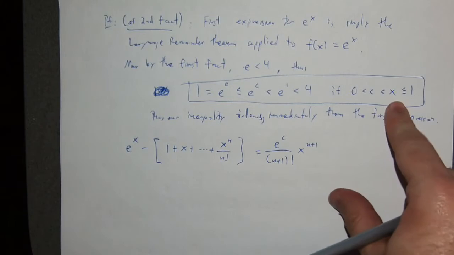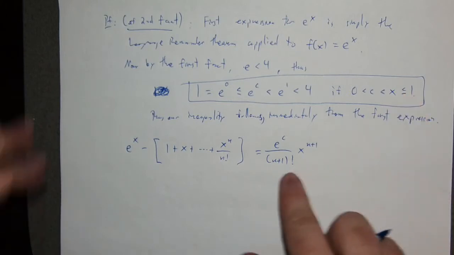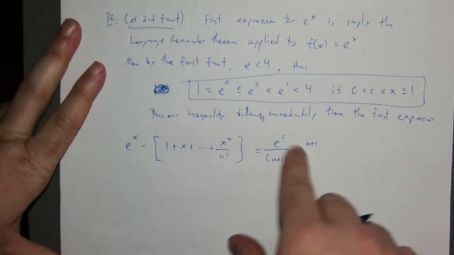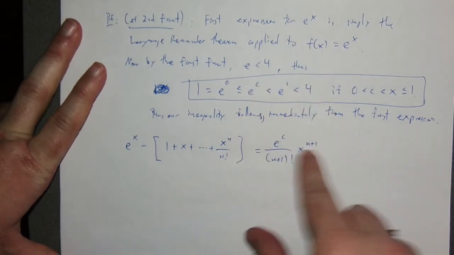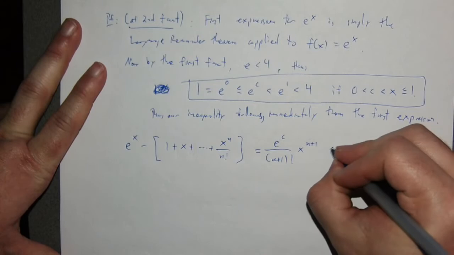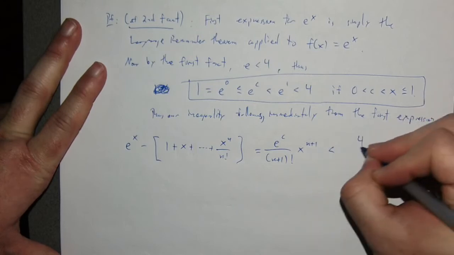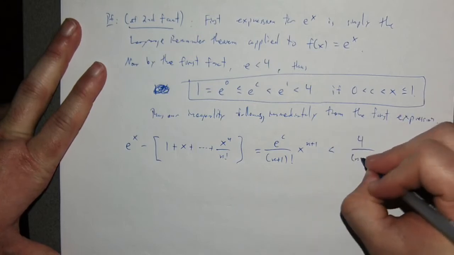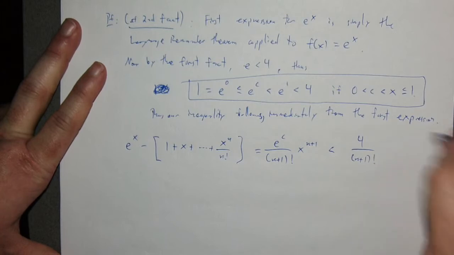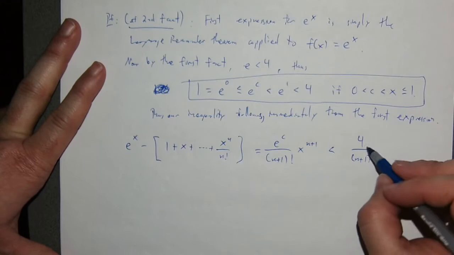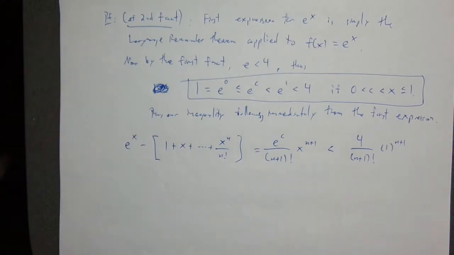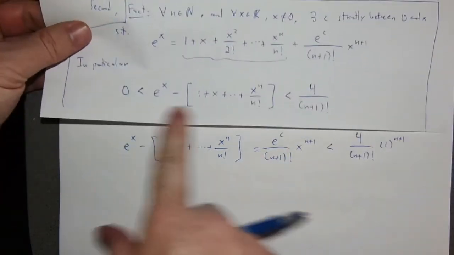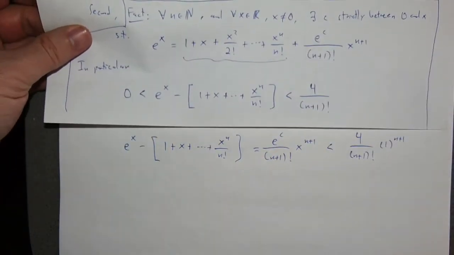So if x is less than or equal to 1, then using the estimate that e to the c is strictly less than 4, this is less than 4 over n plus 1 factorial times 1 to the n plus 1. So that's where this estimate comes from.